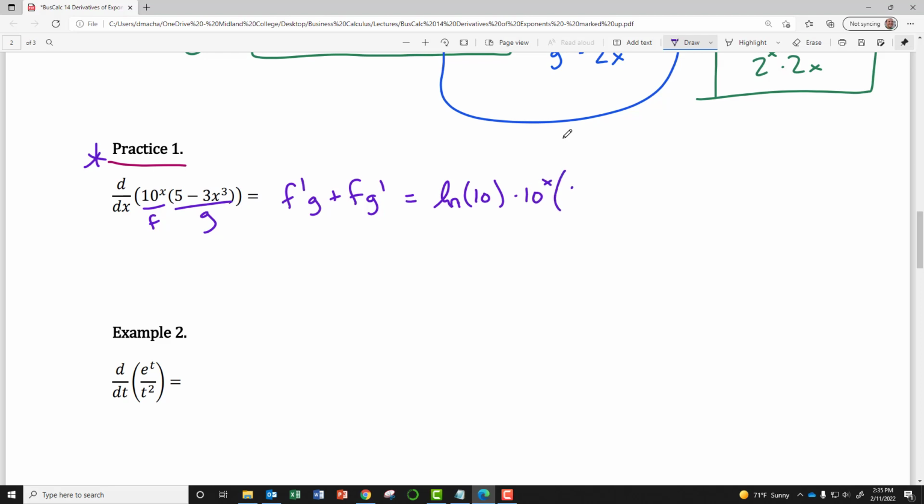G is 5 minus 3x cubed, plus f is 10 to the x, and then g prime is going to be negative 9x squared. All right, so there's your solution.